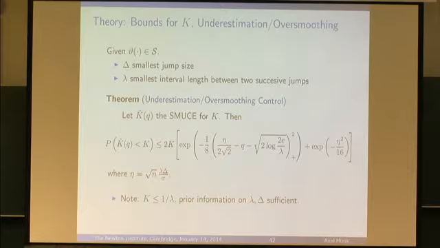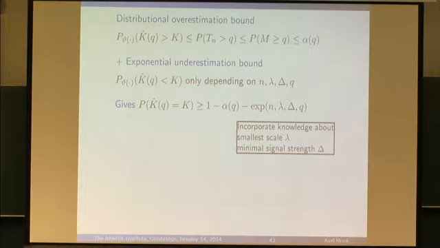So you get the smallest interval length times the delta divided by the standard deviation of your noise times square root of n. So that means what you can do now is you can use that and plug in prior information of these quantities and then use it to control the error that you misspecify the number of jumps. And that's what we're now going to do.